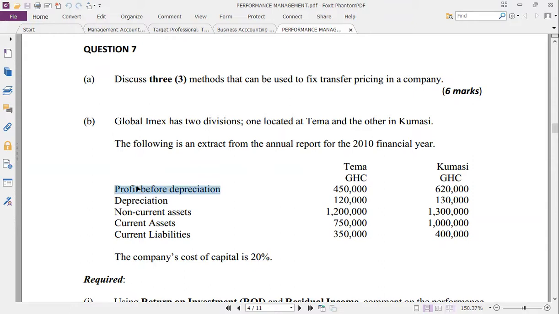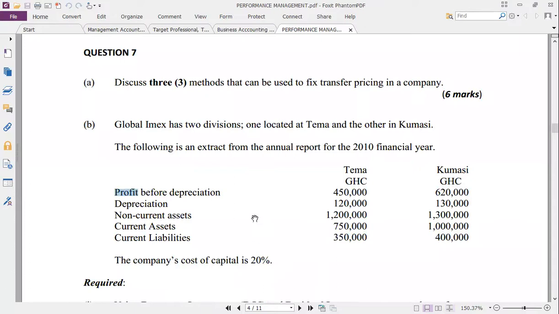Meanwhile, we are looking for profit after depreciation, but must be before tax. Great. So you just have to less the depreciation from it. Non-current asset, 1,200. That's 1.2 million and 1.3 million respectively. Current asset is there. Current liability is also there. The company's cost of capital is 20%.